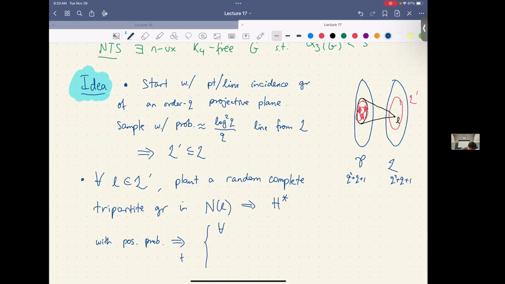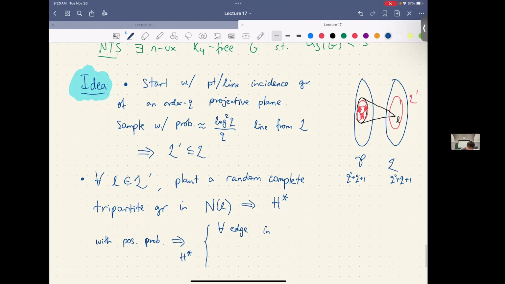So with high probability, H star satisfies this property. Every edge in H star is in a small number of K4. Small means polylog n. Eventually we will want this graph to be K4 free, so we're going to do some deletion process.